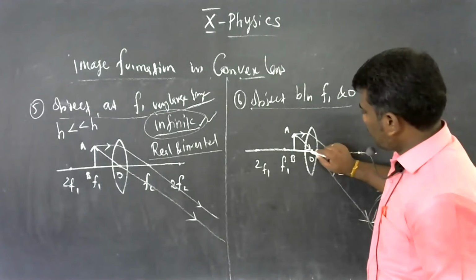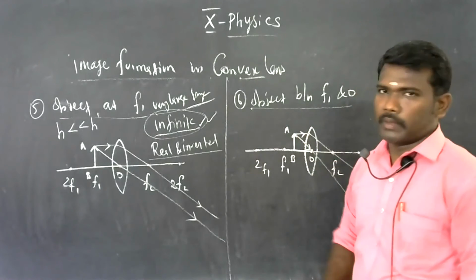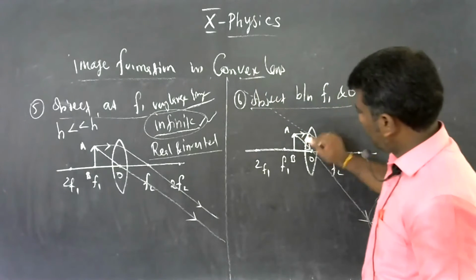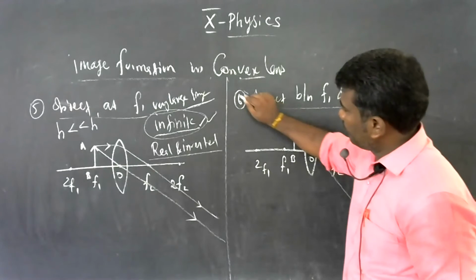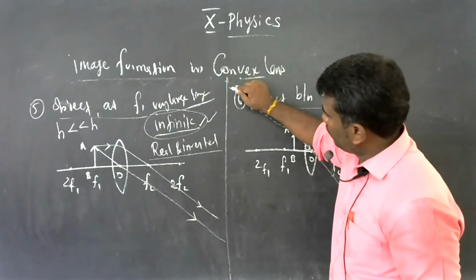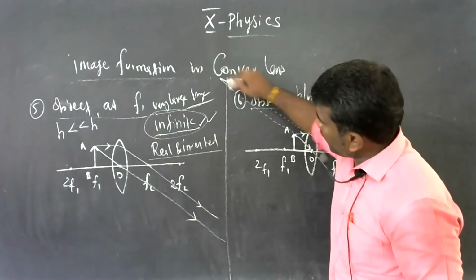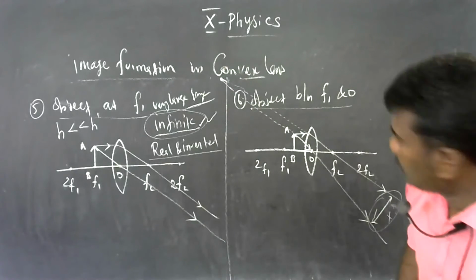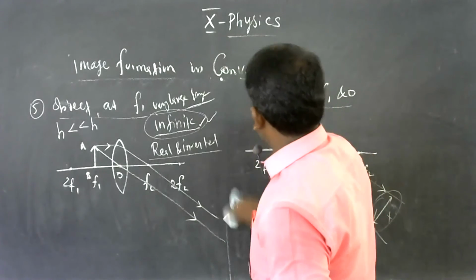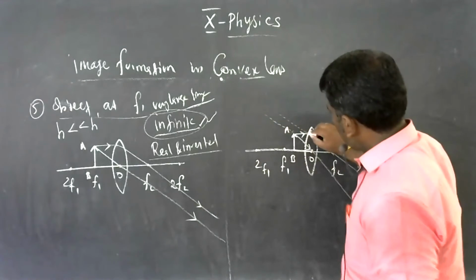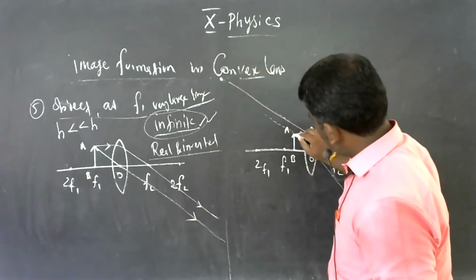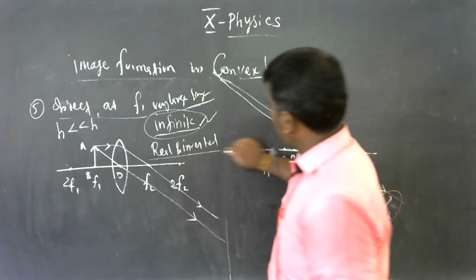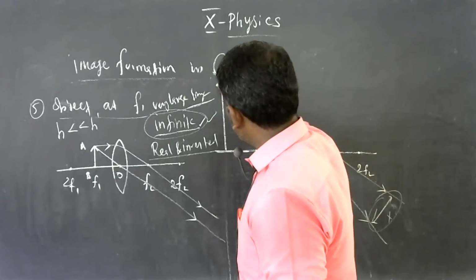So we are going to extend these two lines on the same side of the object. If we extend these two lines, at this point these extended lines meet with each other. So at this point, the image will be formed.